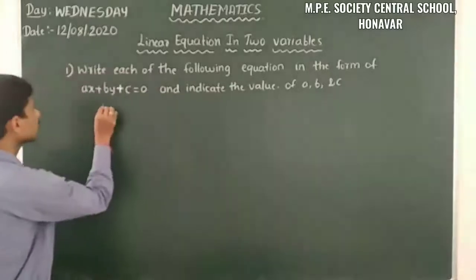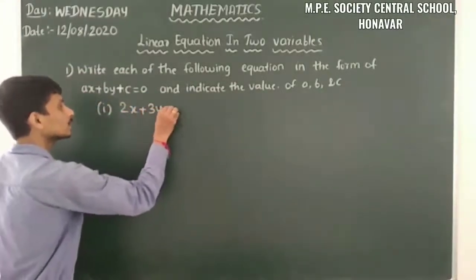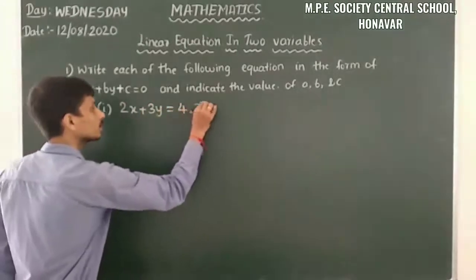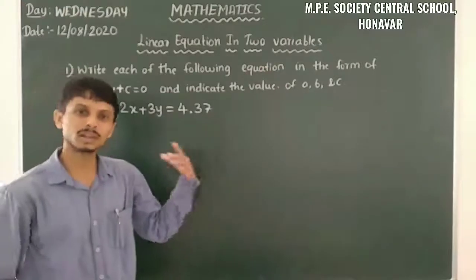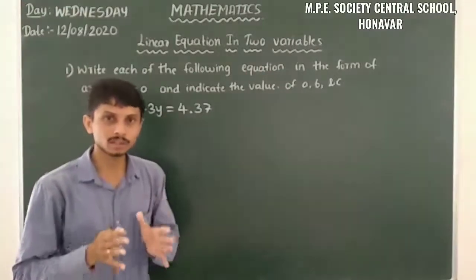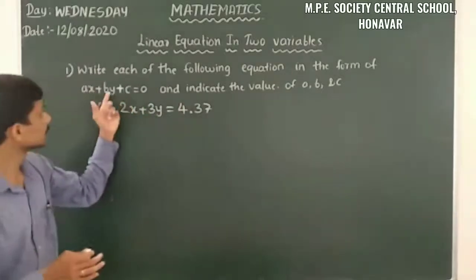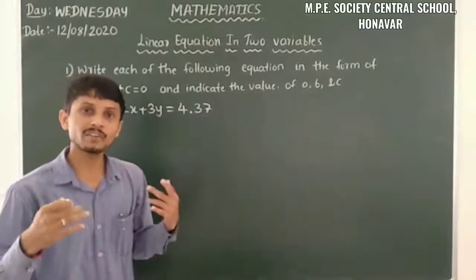Firstly, I will take 2x plus 3y is equal to 4.37. Like that you can take any other examples, any coefficients or any constants. We first have to convert it into the form ax plus by plus c is equal to 0, whatever the equation may be.